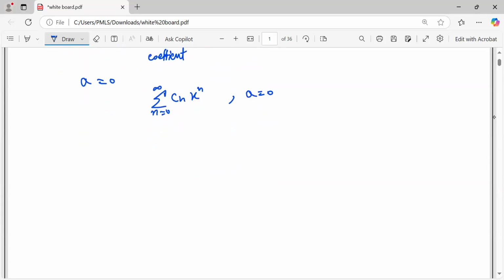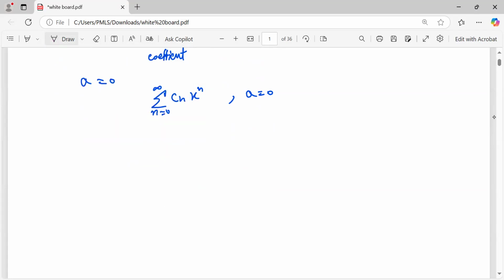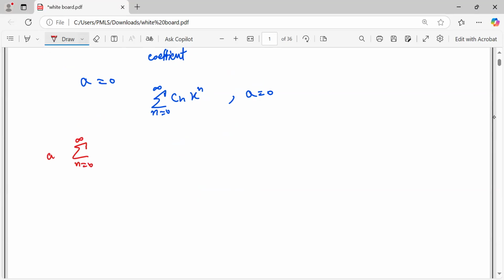So let's discuss how we find the center of any power series. If we are given a power series, how will we find its center? For example, A: summation n from 0 to infinity Cn (x minus 5) raised to power n.